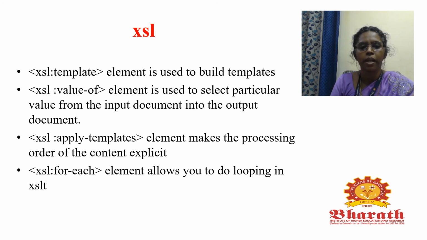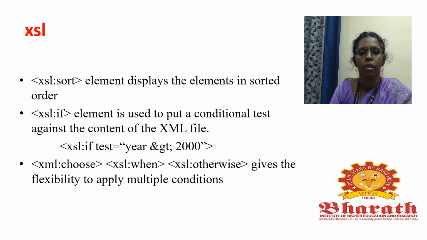And xsl:apply-templates, if you want to make use of a particular template, we can select using this element. And xsl:for-each element allows us to do repeated iterations using looping. And xsl:sort displays the elements in sorted order.